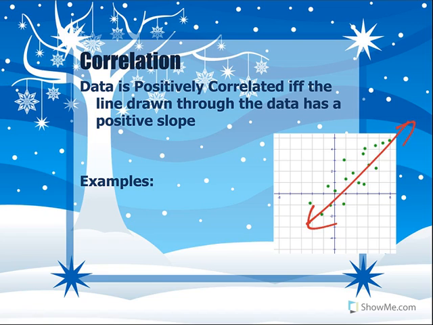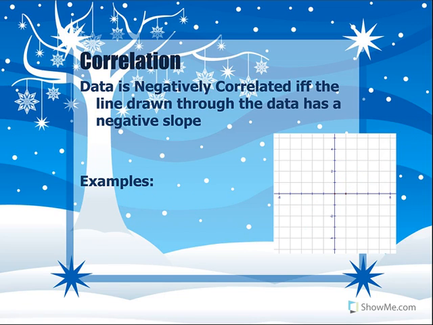An example from class is height versus shoe size: the taller you are in general, the larger your feet or the bigger your shoes are. Another example is that the more time you practice something, the better you are at a skill. As one goes up, the other goes up.